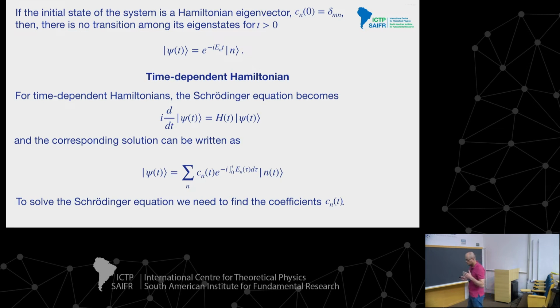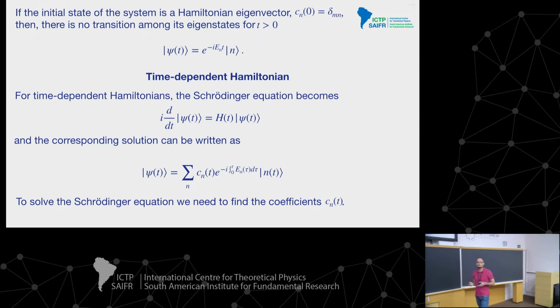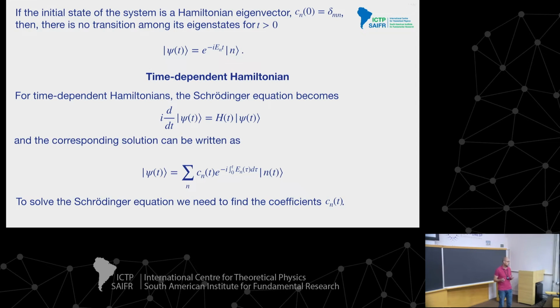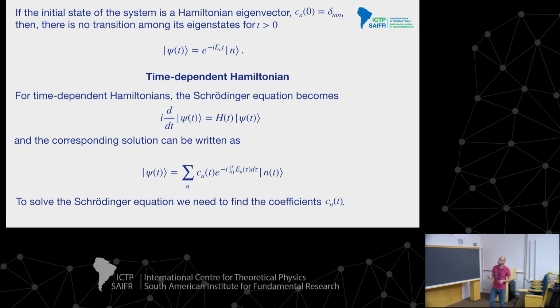Okay, but what is the difference when you try to solve the Schrödinger equation when the Hamiltonian is time dependent? That's the problem. When the Hamiltonian is time dependent, then when we expand the solution of the Schrödinger equation, psi of t, as a function of the Hamiltonian eigenstates, n of t now, observe the time dependence here, then it's possible to write the solution in this way.